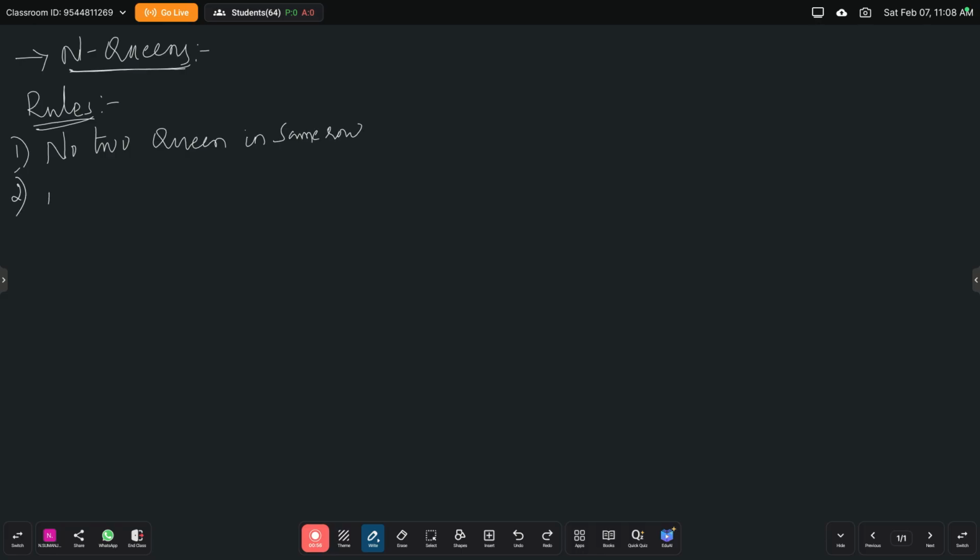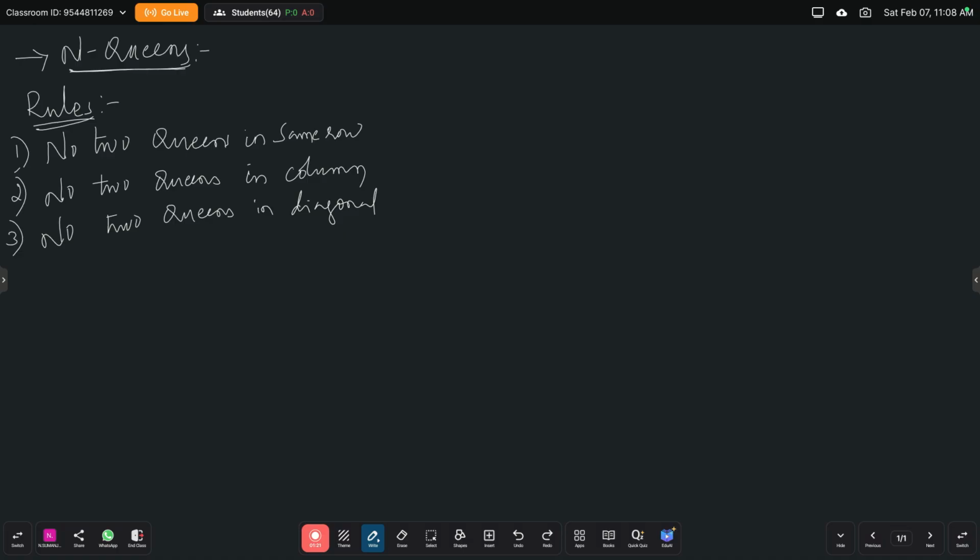And second rule is no two queens should place in the same column. And the third rule is no two queens should place in the diagonal also.